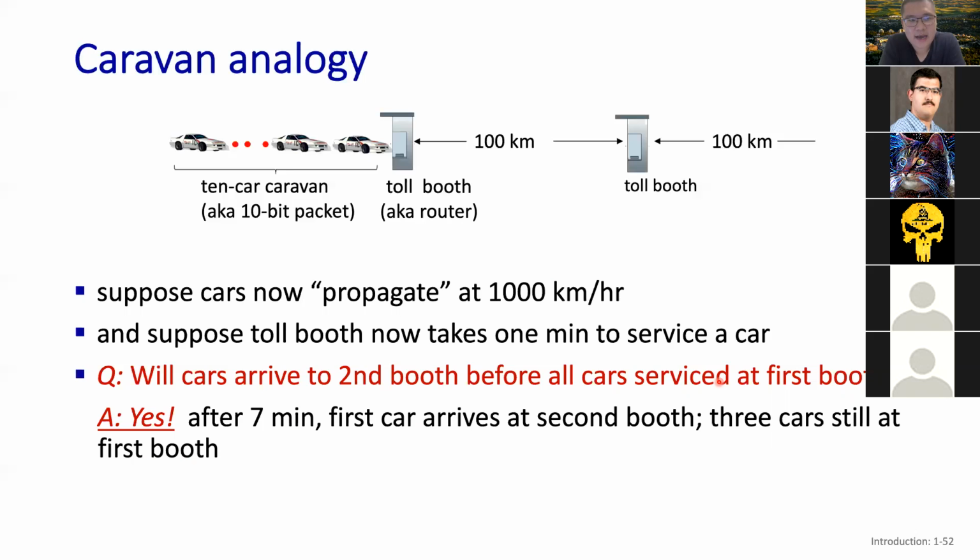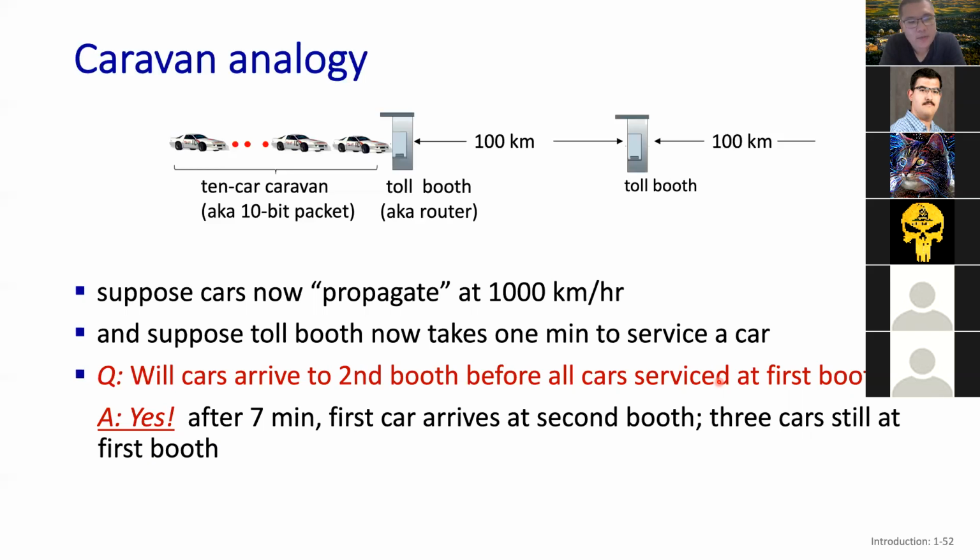So totally after 7 minutes, the first car will arrive at the second booth. Am I right? And after 7 minutes, each car spends 1 minute, and because we have 10 cars, there are still 3 cars at the first booth.